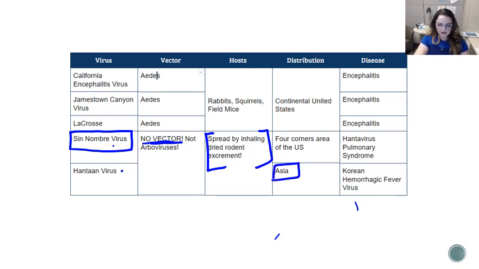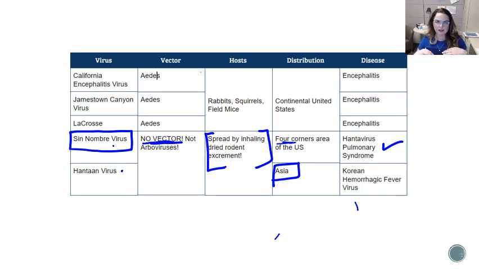Hantavirus is largely associated with Asia, and sin nombre virus is associated with the western US. It was first isolated in the Four Corners area of the United States, where you can put one foot and one hand in each corner and you'll be in four states at once. Just a fun geographical fact. And that causes hantavirus pulmonary syndrome, which we learned about in host defense, host response.